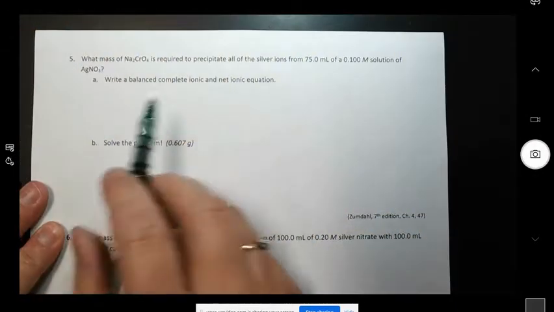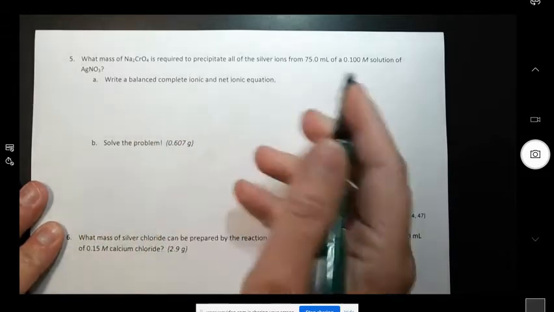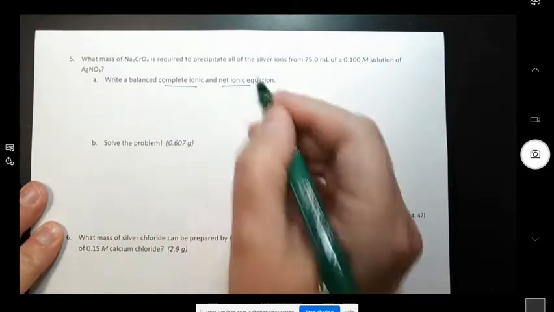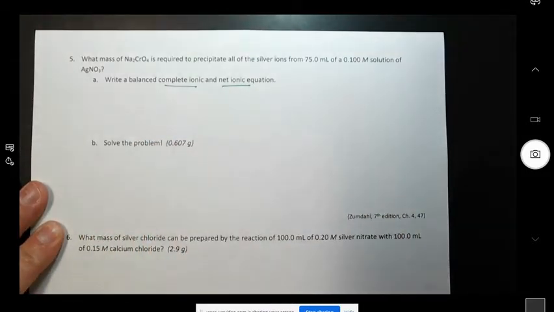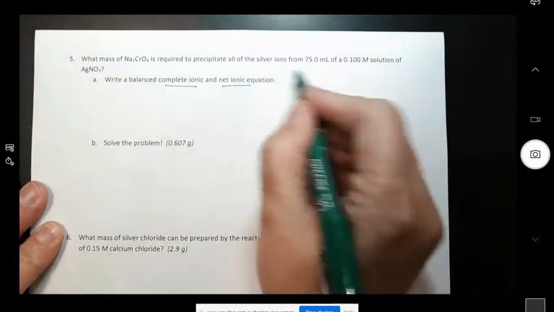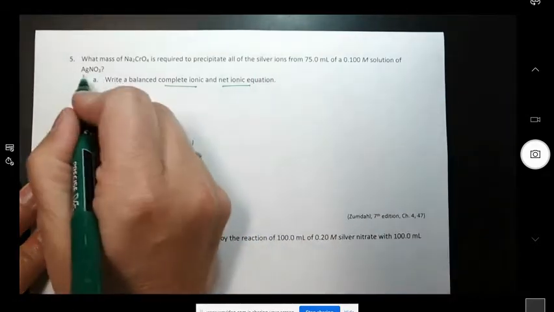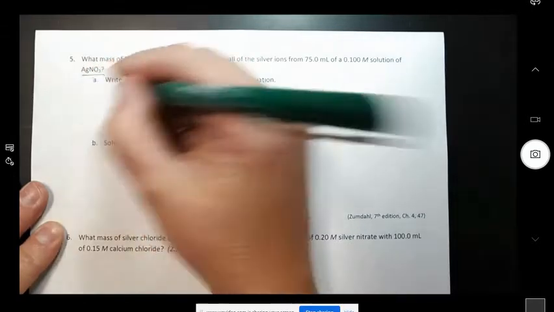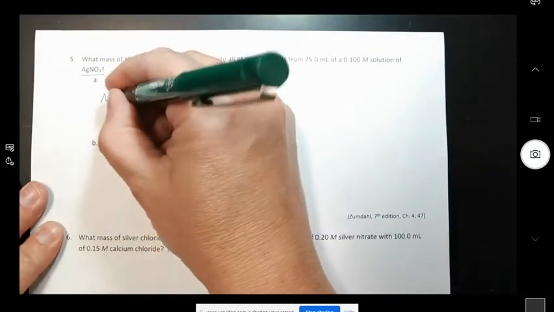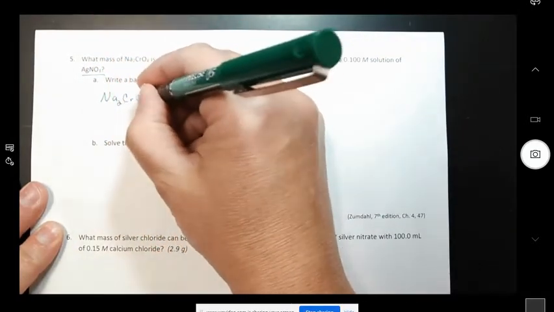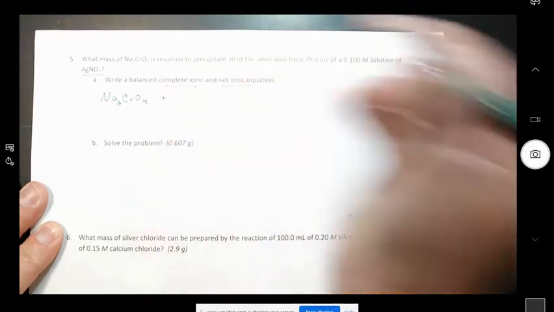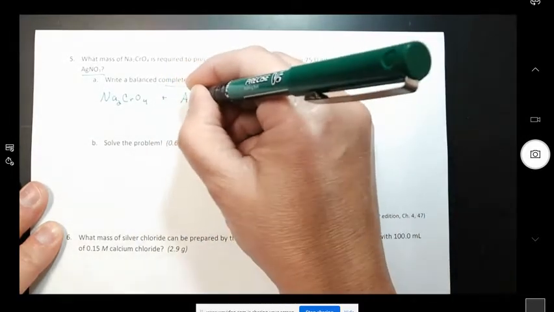Okay, question number 5. We're going to write a balanced, complete, and net ionic equation. So we've got what mass of sodium chromate is required to precipitate all the silver ions from a solution of silver nitrate. So we're going to write out our balanced equation first, sodium chromate, Na2CrO4, and we're going to react that with silver nitrate.